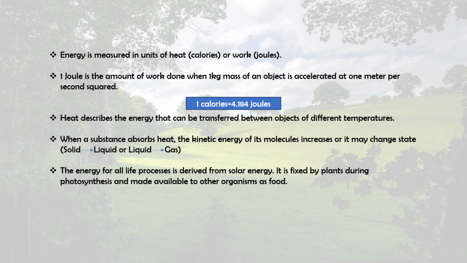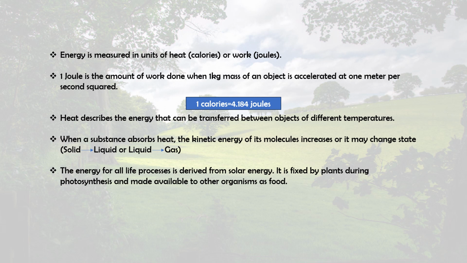We get the amount of work done, that is of 1 joule. And 1 calorie is equal to 4.184 joules. This is the conversion method. We can use this formula to solve various problems that use calorie to joule or joule to calorie conversion.